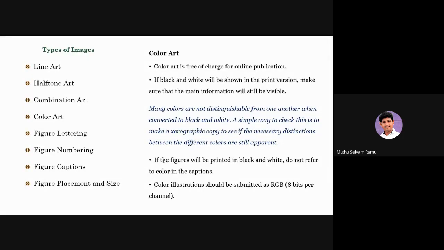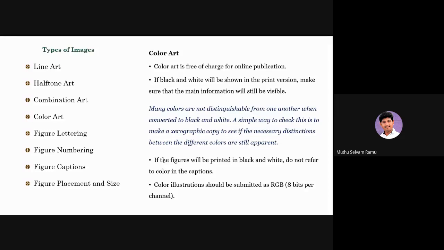So coming to color art. You have to check with the publication whether you have free of charge for color art. Many journals publish information both online and in hard paper.